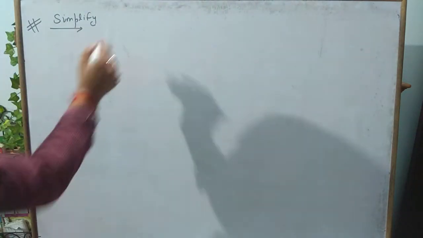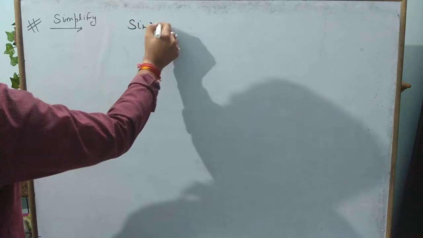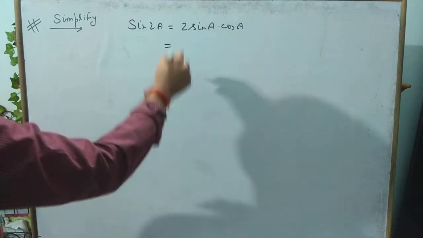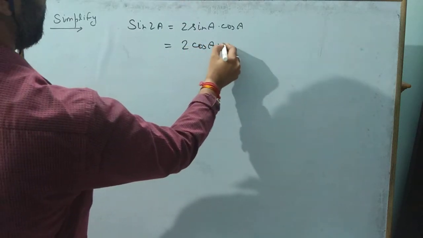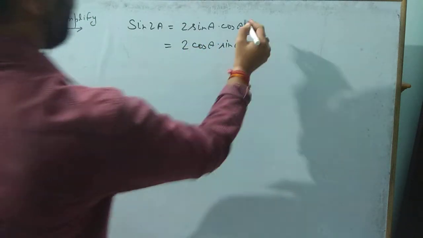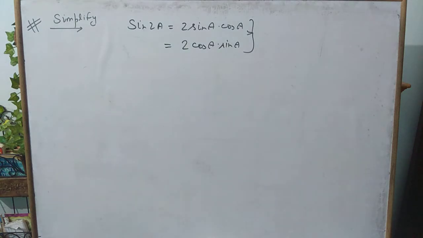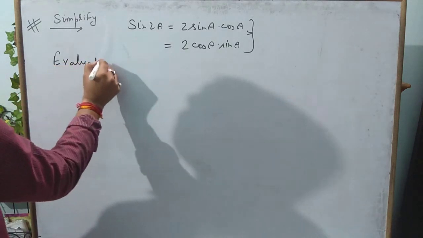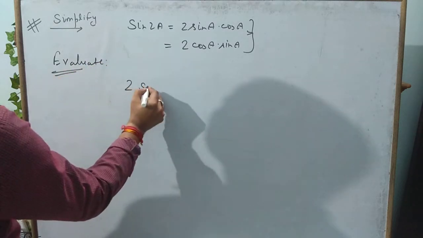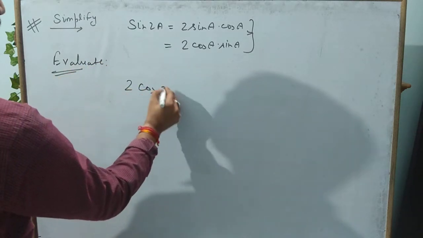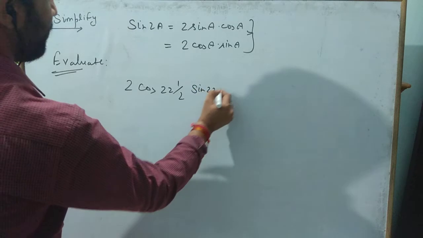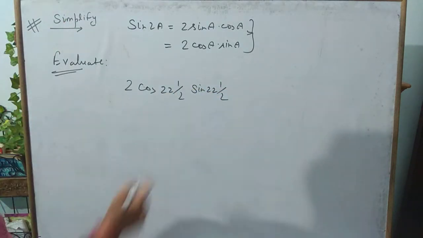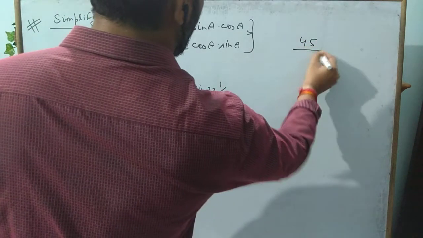Suppose a question is written, as you know, sine 2A is 2 sine A cos A. So this is in product. This can be written like 2 cos A sine A. We can write in this manner also; there is no harm in writing cos first and sine after. So if the question says evaluate 2 sine 22 1 by 2 cos 22 1 by 2, that means 45 by 2, half of 45.